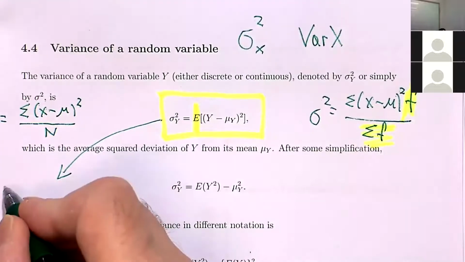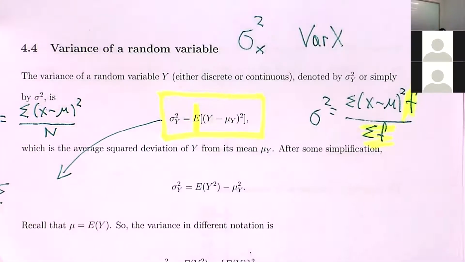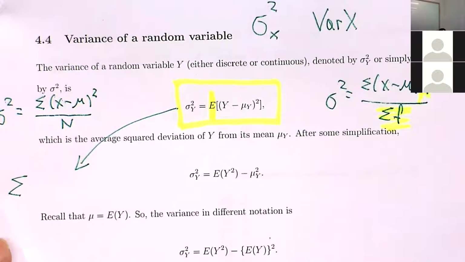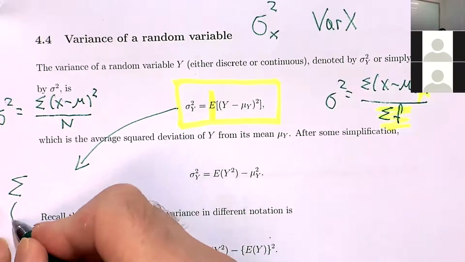E becomes sigma. In the continuous case, E becomes the integral.